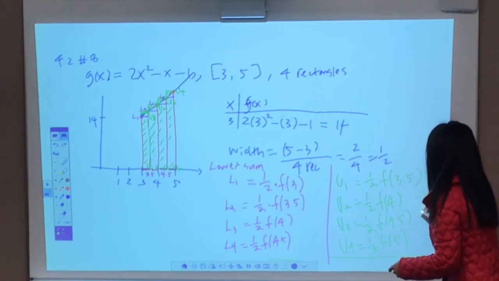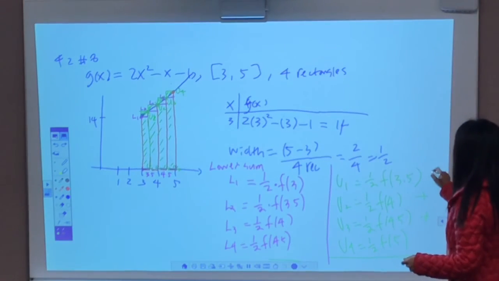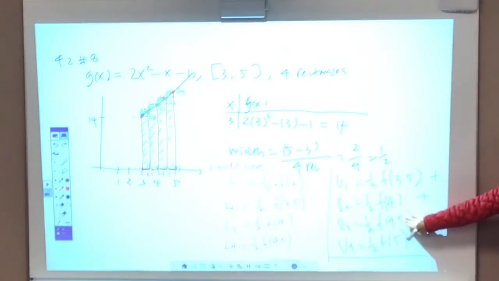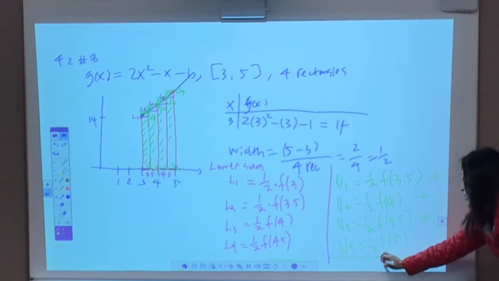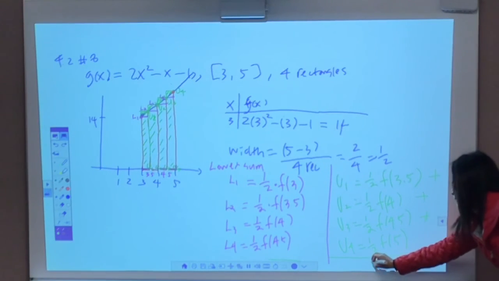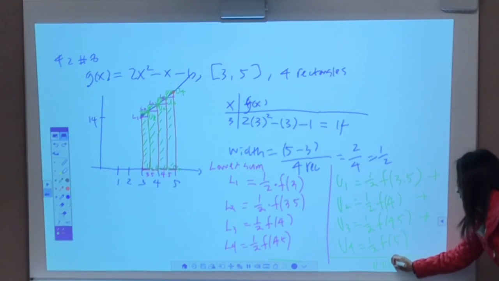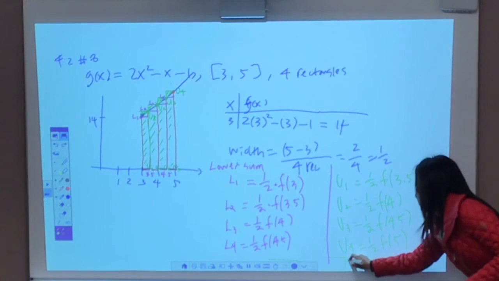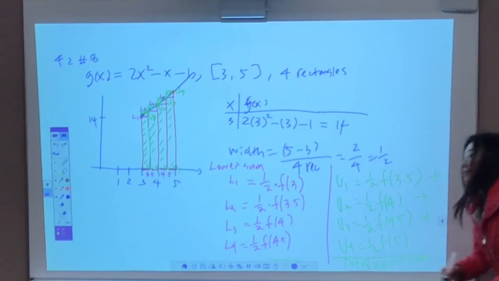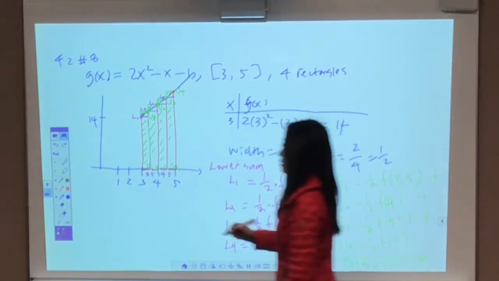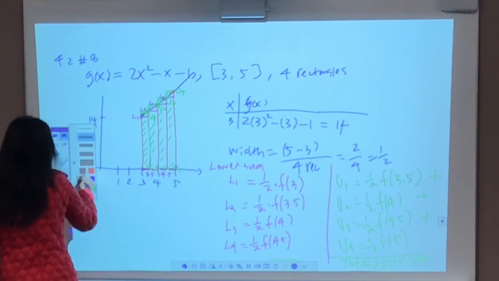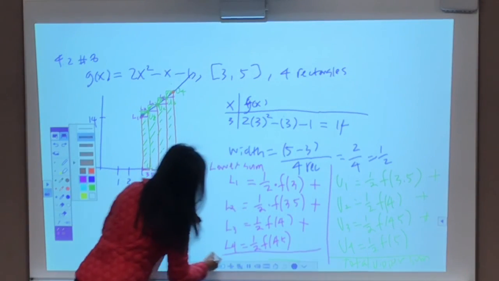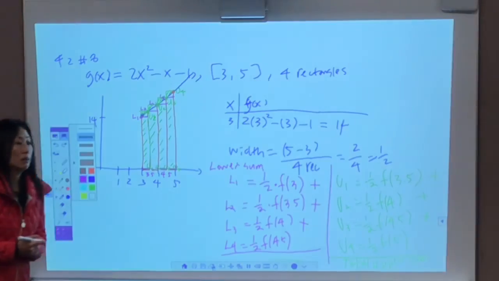You add this upper term plus this upper term, and this upper term, and that gives you the upper sum. For the lower sum, you add each one of them, and that gives you the lower sum.